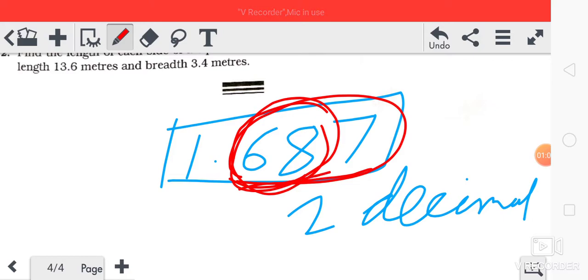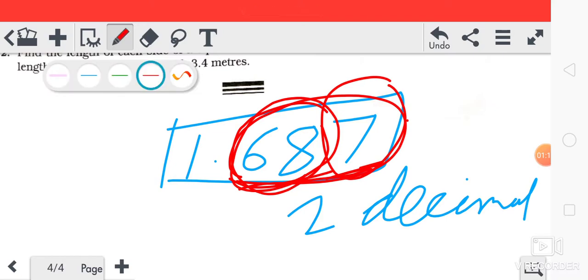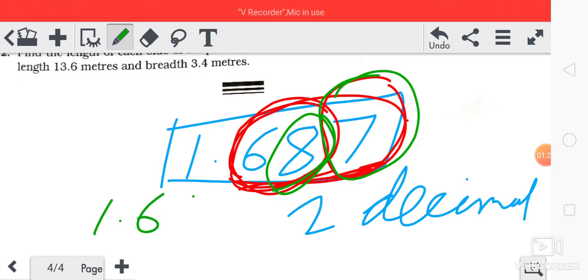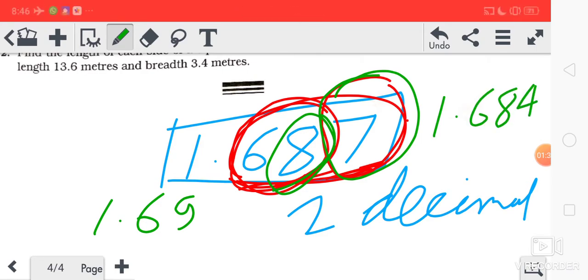So now look here, 87 is given. This third digit is greater than or equal to 5, so this 8 will take one more, and it will become 1.69. Okay, if instead of 1.687 it is 1.684, this third digit is less than 5.